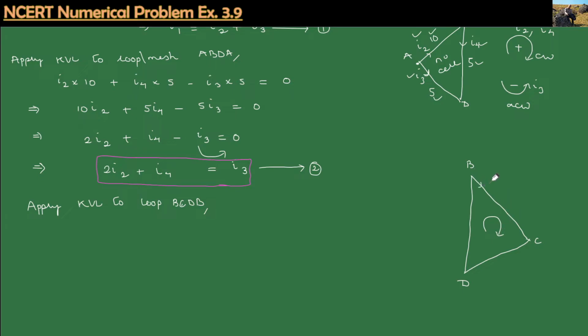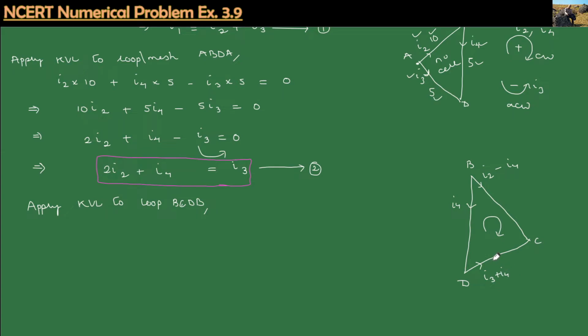So we have these currents along these branches. The current along that branch will be I2 minus I4, the current across this branch will be I4, and the current across this branch will be I3 plus I4.